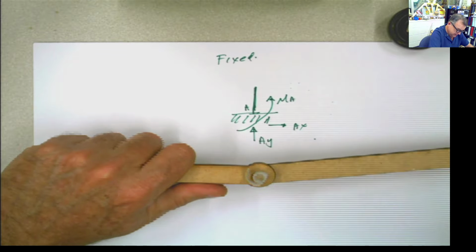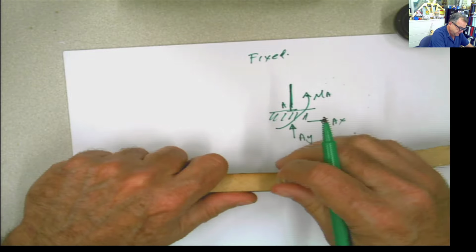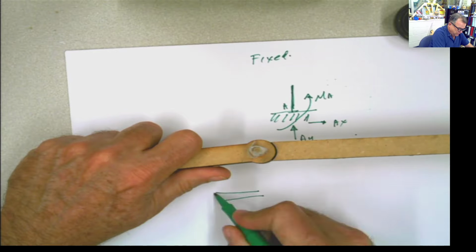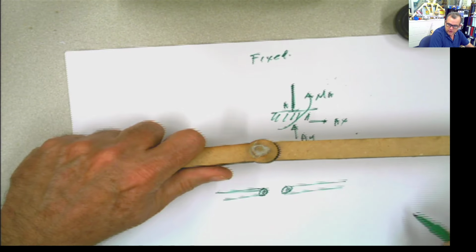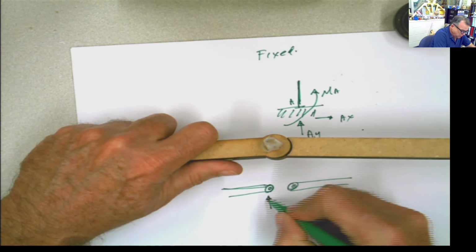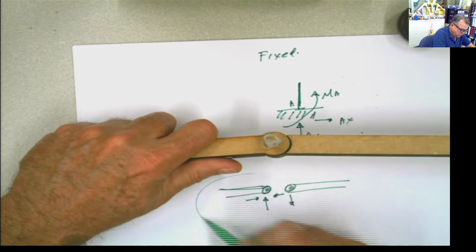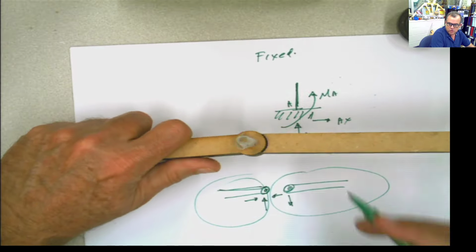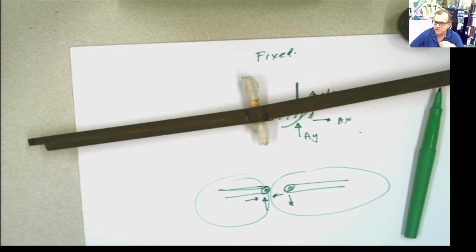So the hinge is an internal type of support that only appears if I split the structure apart in two, connecting one part here and separating the other structure here. In that moment, that pin is going to produce something like that if I study one side or the other side. But there is no moment, only vertical or horizontal reactions, and we will do problems with hinges later on. Okay, we're almost there.